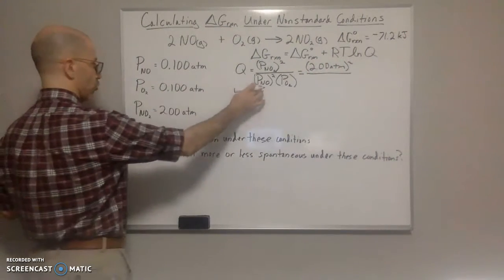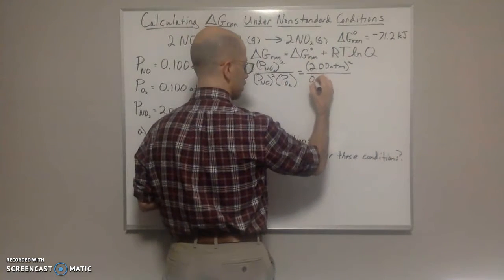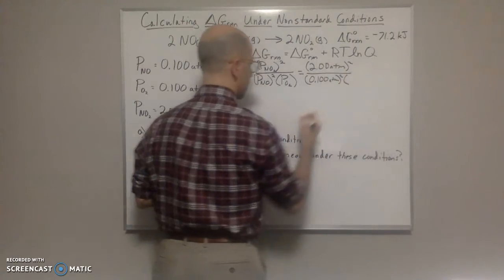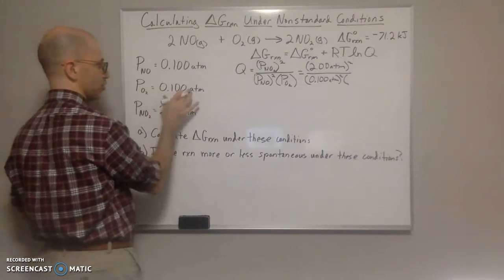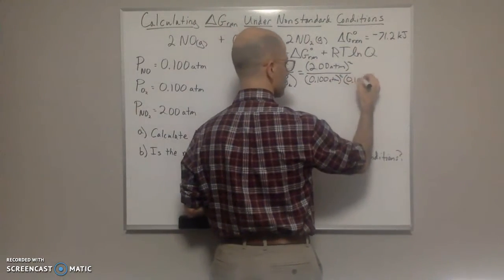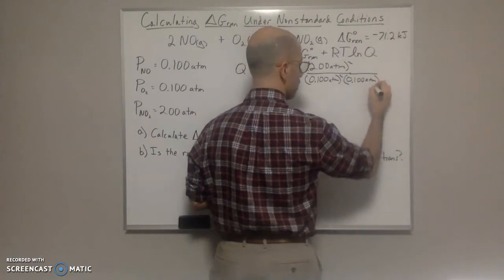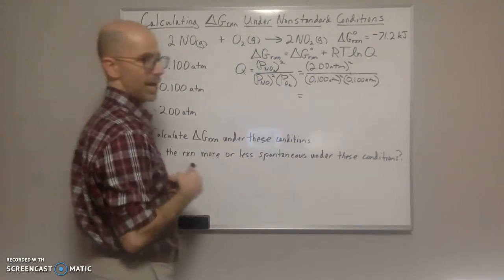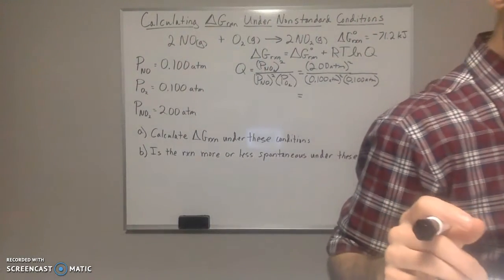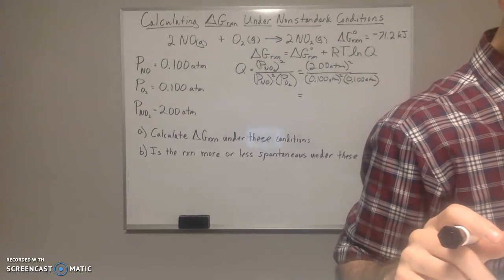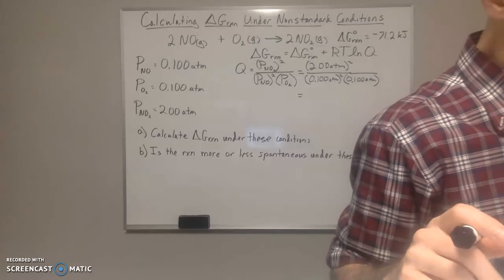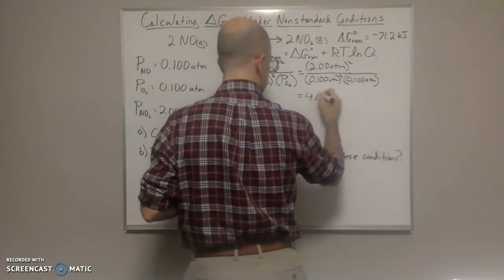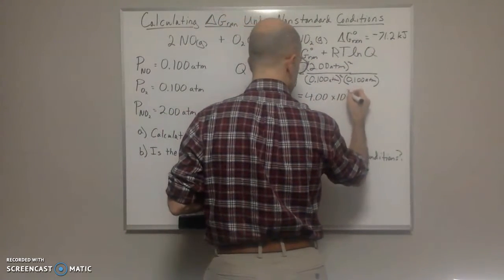And then we have NO squared, so that's 0.100 atmospheres squared, times the partial pressure of oxygen, which is the same, 0.100 atmospheres. When you calculate all of this out, your Q value becomes 4.00 times 10 to the 3.